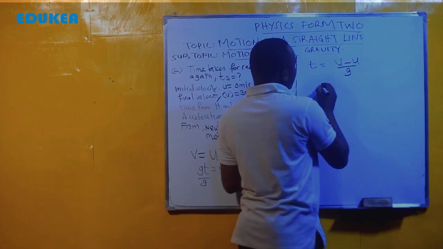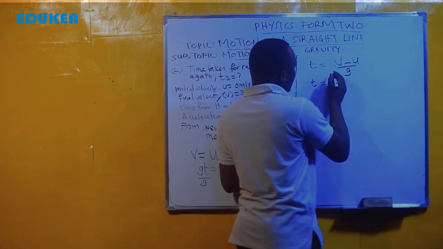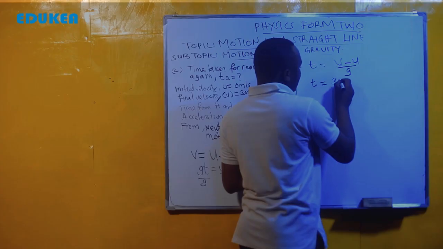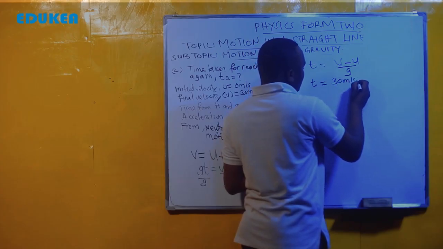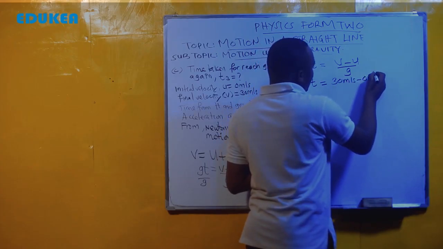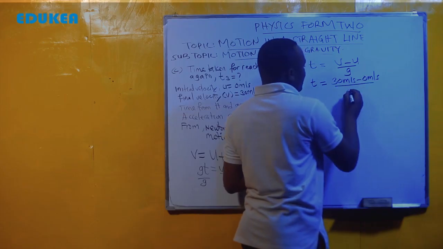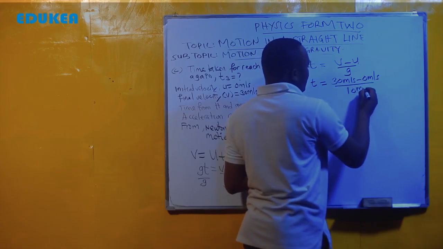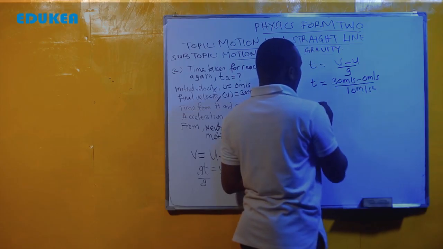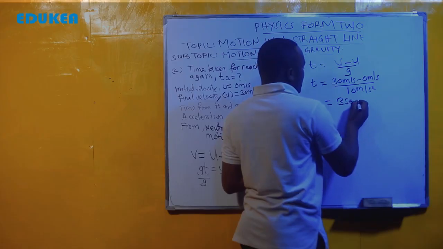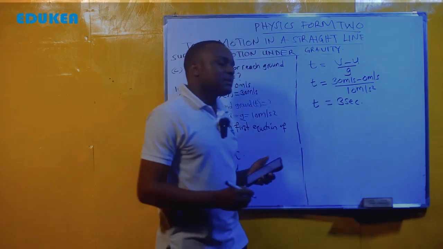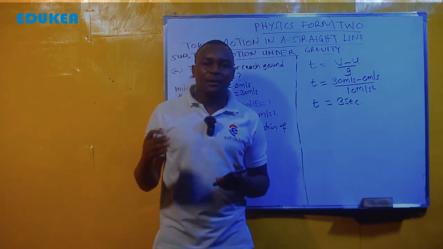As we know, the value of v was 30 meter per second minus 0 meter per second, then you divide by 10 meter per second square. So t will be equal to 3 seconds. That is the time from the maximum height up to the ground.